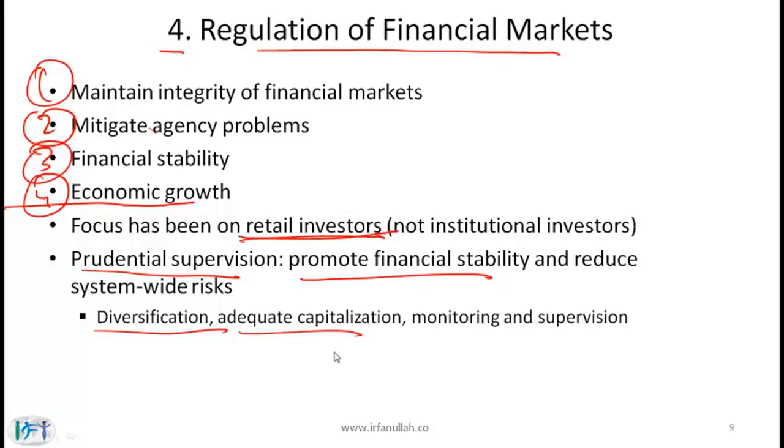Those who have followed the financial crises in the last few decades will note that a lot of crises can be attributed to excessive leverage. So to reduce risk, one of the most important actions that can be taken is more capital. But from the industry perspective, there might be pushback because capital is perceived to be more expensive. So continuing with possible actions, encouraging firms to monitor their risks, and sufficient supervision are also mechanisms to promote financial stability and reduce system-wide risks.